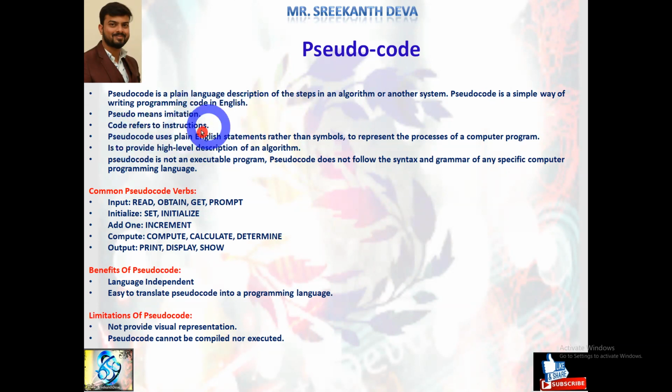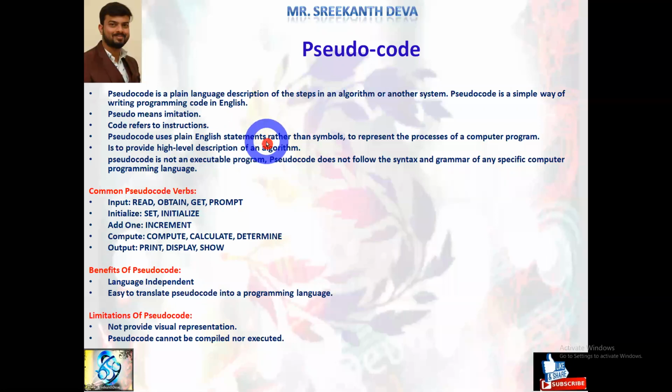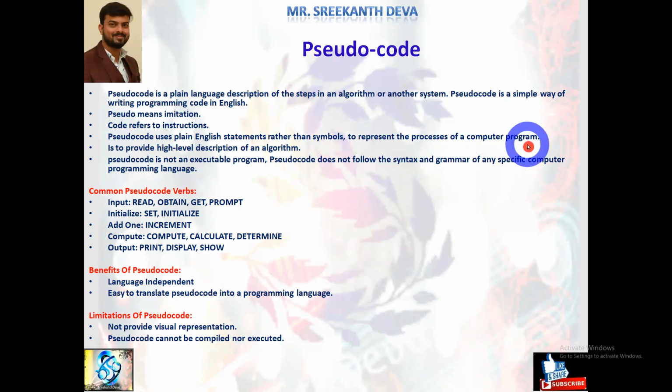Code refers to instructions. Pseudocode uses plain English statements rather than symbols to represent the processes of a computer program. It is to provide a high level description of an algorithm. Pseudocode is not an executable program. Pseudocode does not follow the syntax and grammar of any specific computer programming language.